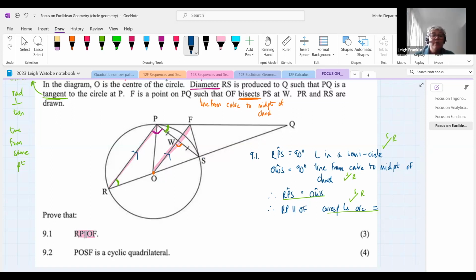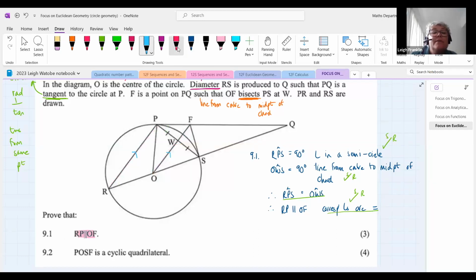Okay, so now they want us to prove that POSF is a cyclic quad. So let's highlight POSF. I'll get rid of all of that. Okay, we know these lines are parallel to each other.